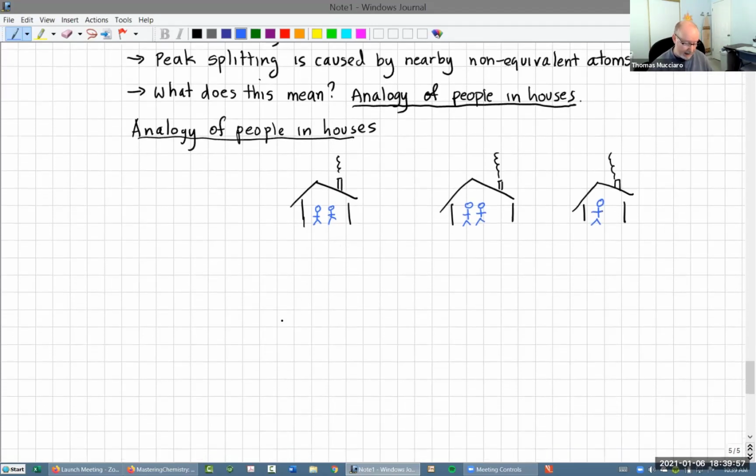Then we're going to ask these really simple questions. The first question: we look at each house, how many people are in the house? If we look at the first house, we see 2 people, right? Second house, 2 people. Third house, 1 person. Do you see that? That's not a hard question, is it?